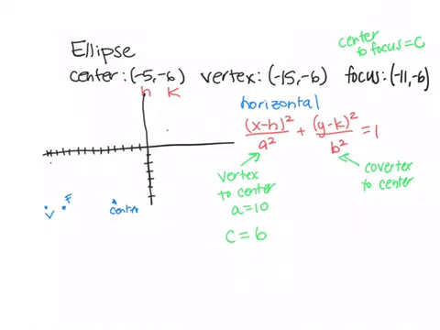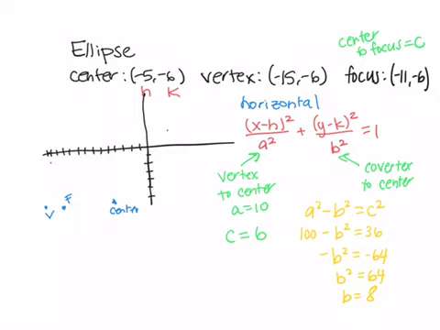And remember that you have that relationship that tells you that for any ellipse, a squared minus b squared equals c squared. So for us here, that would mean 100 minus b squared equals 36. So -b squared equals -64. B squared equals +64, meaning that b is equal to 8.